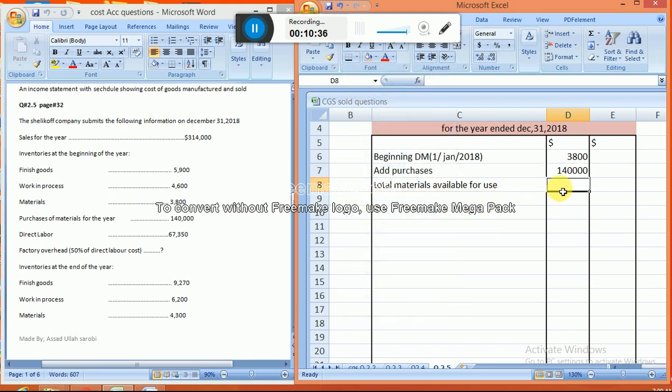So take the 3,800 material from the previous year remaining and the 1,40,000 we purchased during the year. So the total material we have, we will add these materials.